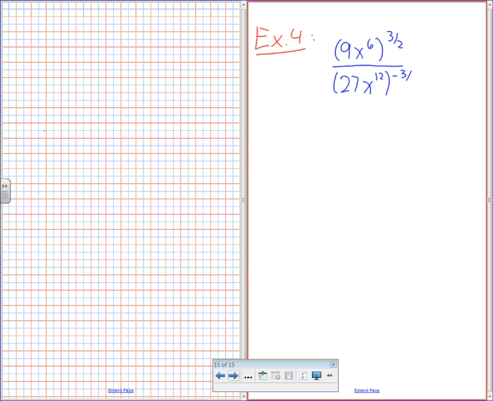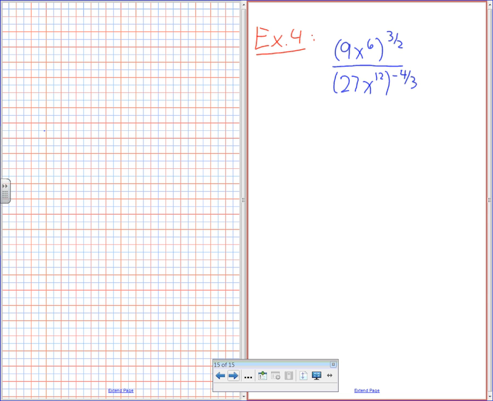Goodness gracious, I can't even write today. Okay, so let me read that out to make sure it's actually written properly here. It says 9x to the 6th, all to the 3 over 2, divided by 27x to the 12 to the negative 4 over 3.